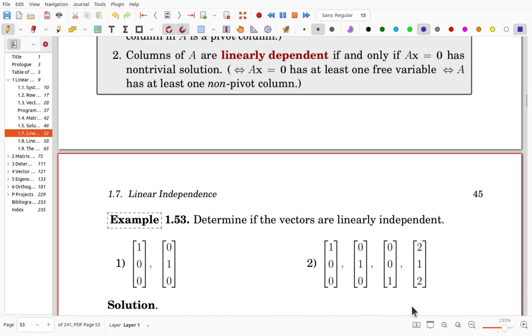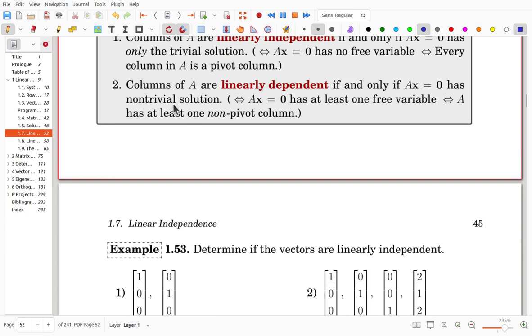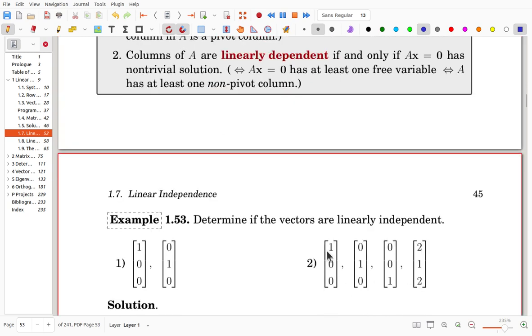Now again, for that one, if we use this approach, we collect them as a matrix. Then A has at least one non-pivot column. It's quite clear. This is a pivot column because this is pivot, pivot, pivot, but that is not a pivot column. So A has at least one non-pivot column.